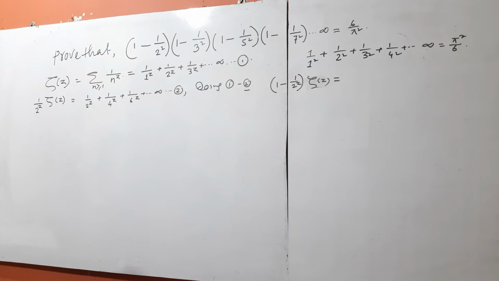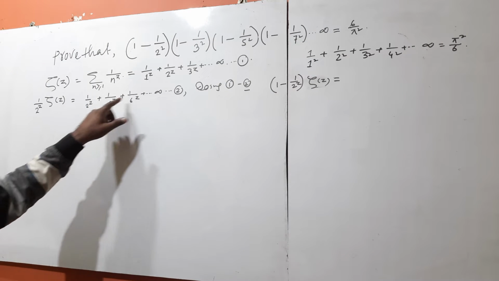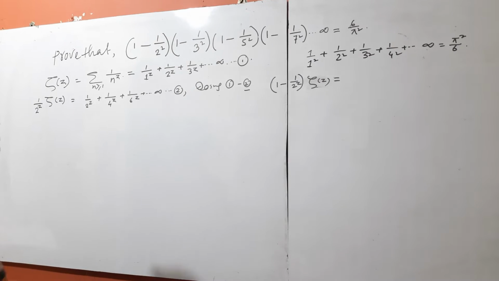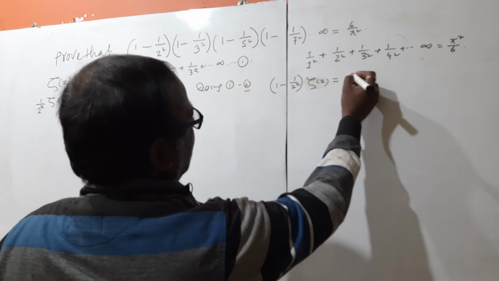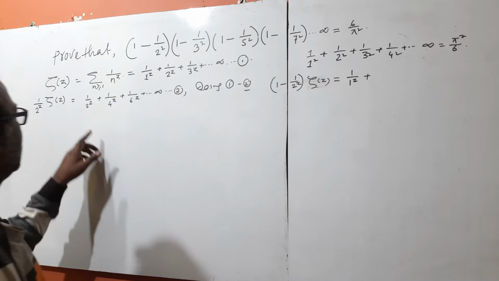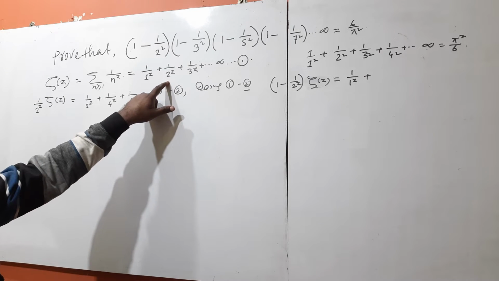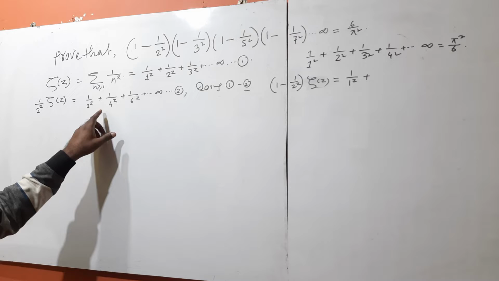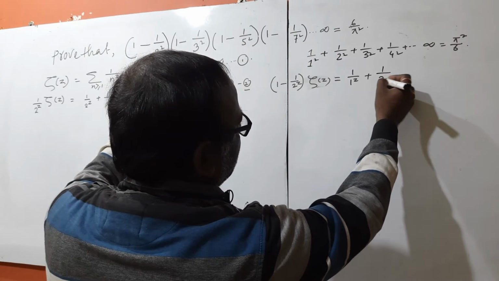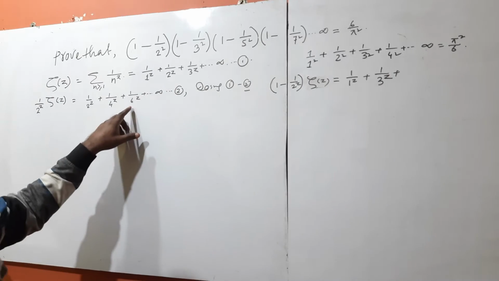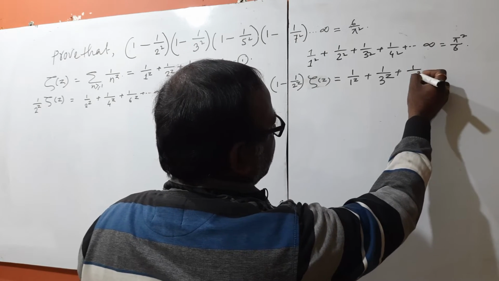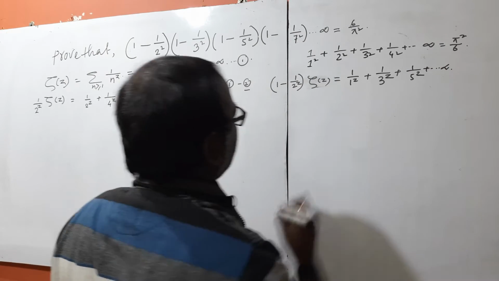Doing this, 1 by 2 to the power z cancels out, 1 by 4 to the power z also cancels out, so we have left only 1 over 1 to the power z plus 1 over 3 to the power z plus 1 over 5 to the power z plus and so on to infinity.